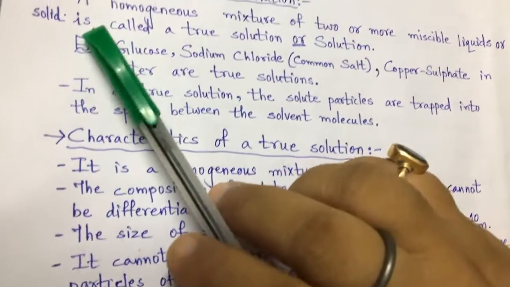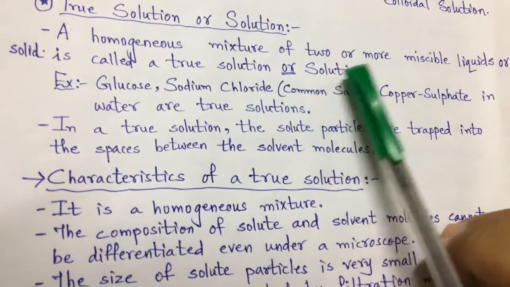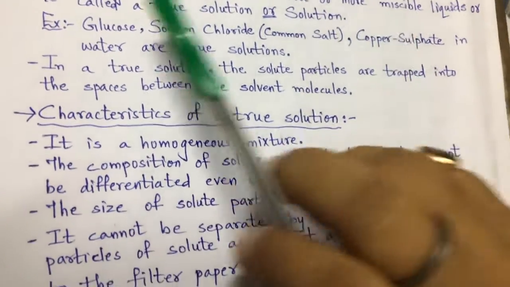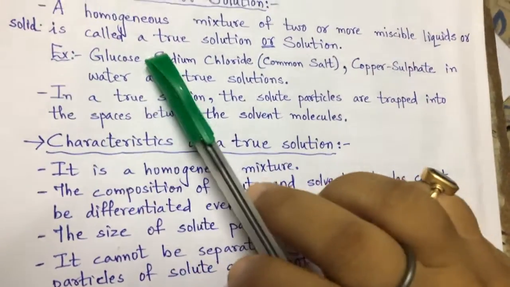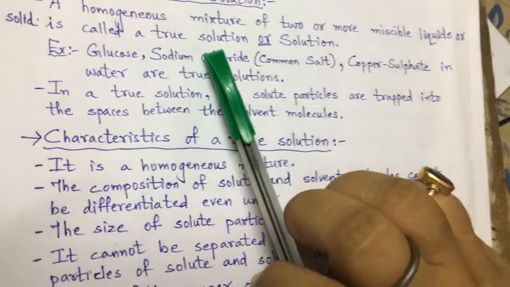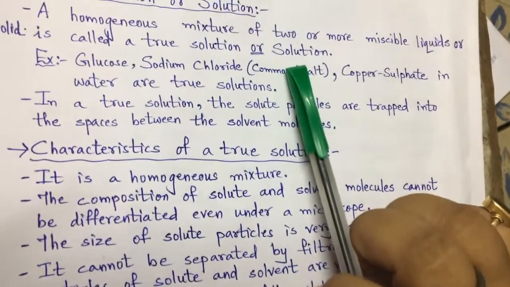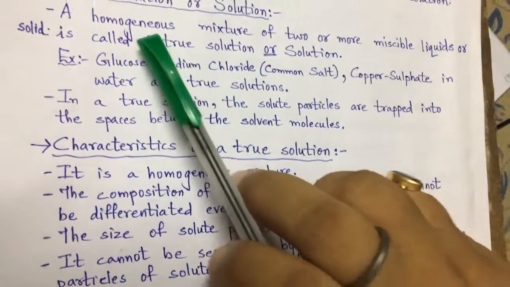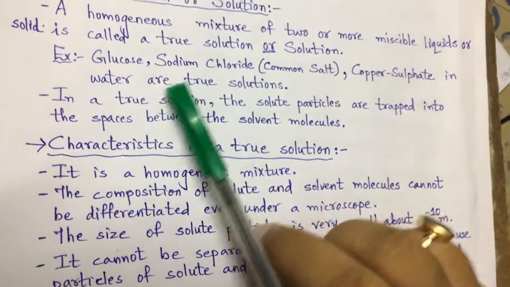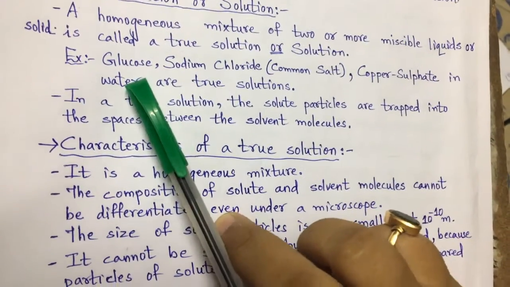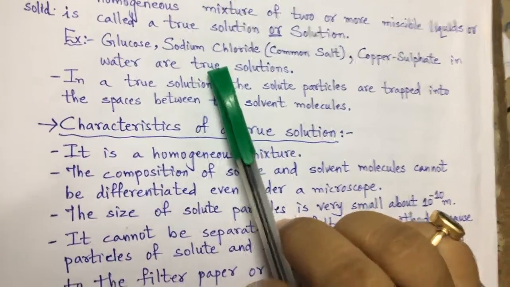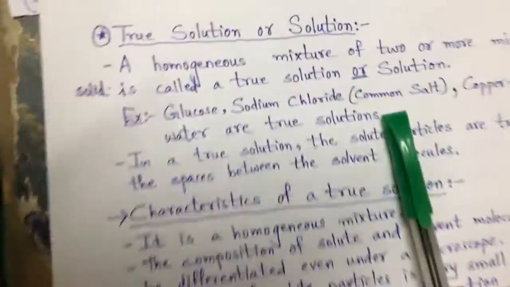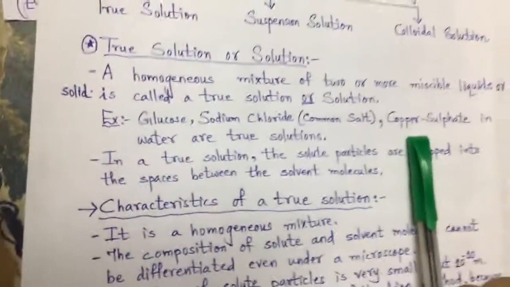Now first, a homogeneous mixture of two or more miscible liquids or solids is called a true solution or solution. Homogeneous mixture. Examples I have given: glucose powder, sodium chloride, that is NaCl, common salt, namak, copper salt, CuSO4.